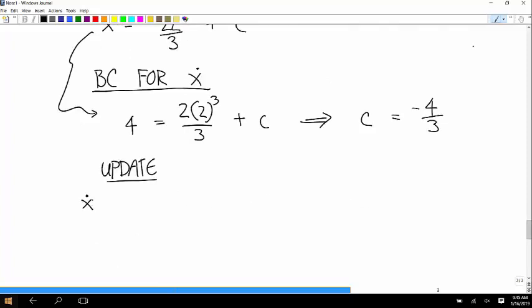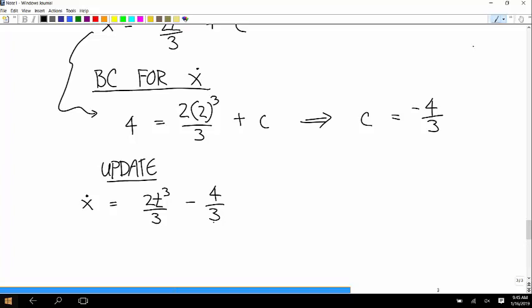So x dot as a function of time is equal to 2t cubed over 3 minus 4/3. Any questions about that yet?